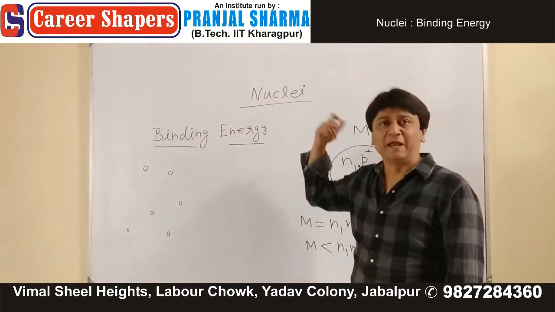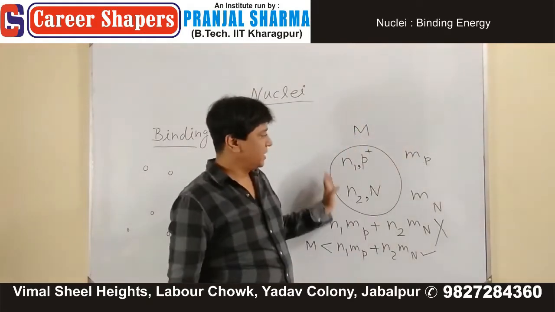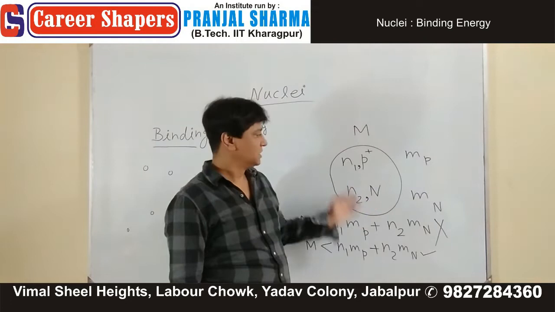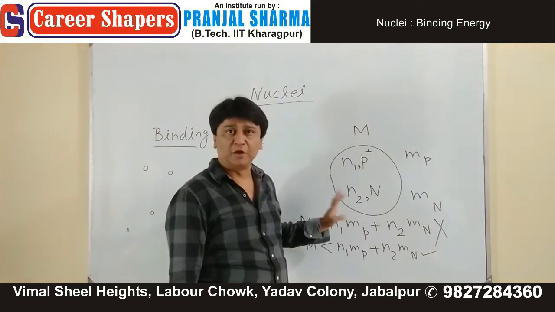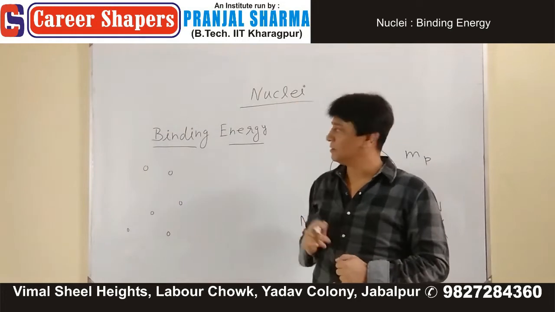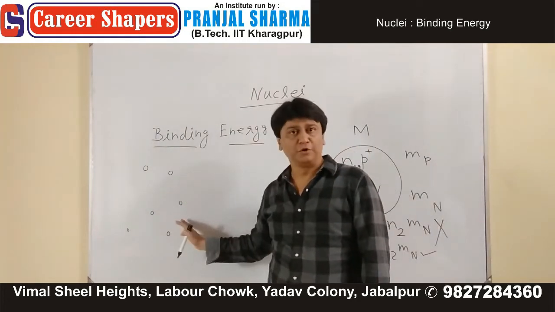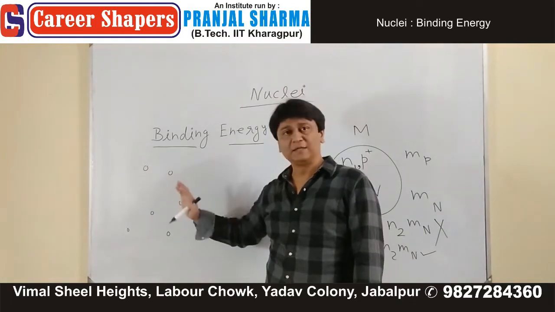And let's say at the beginning of universe, we are trying to create a nucleus which has these many protons and these many neutrons. In the very beginning, all these nucleons are well separated.